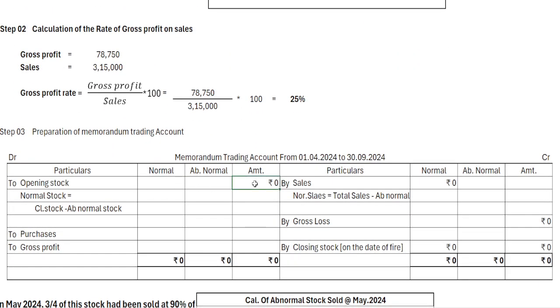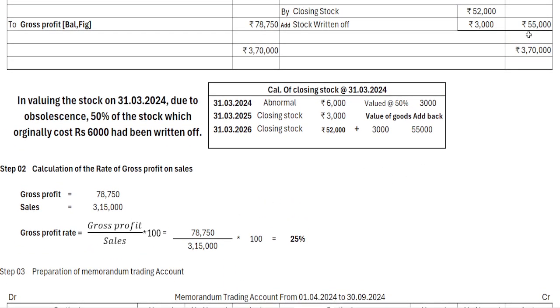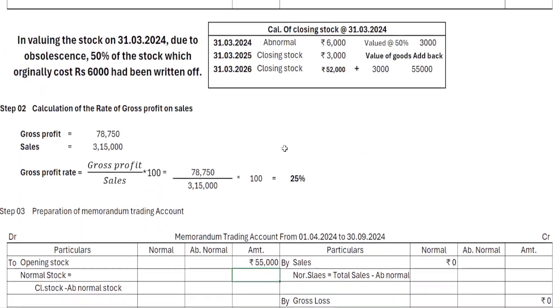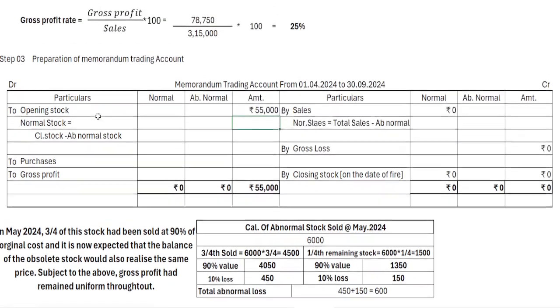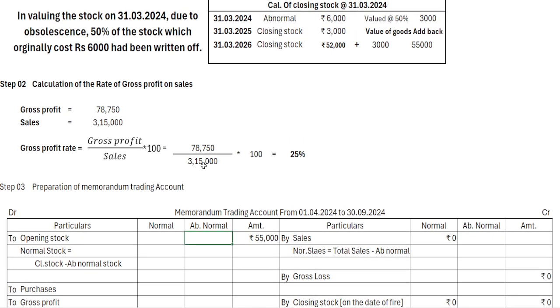Now opening balance is equal to closing balance of the last year, so 55,000. But here they have clearly mentioned in May, what is the abnormal good? Total abnormal good is 6,000. How do you get to know? 50% of which originally cost 6,000 had been written off, which means its total value is 6,000.